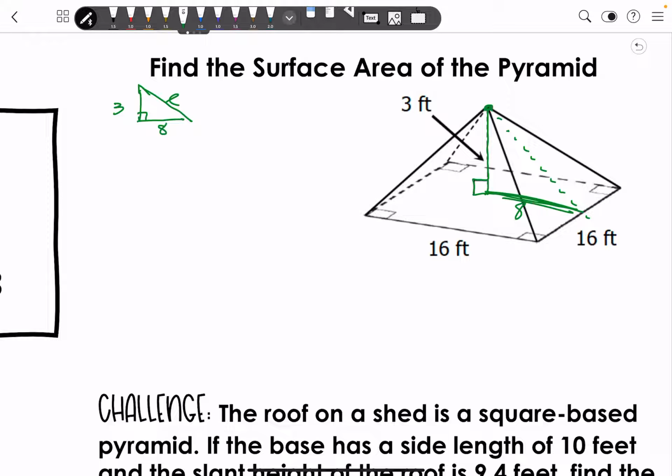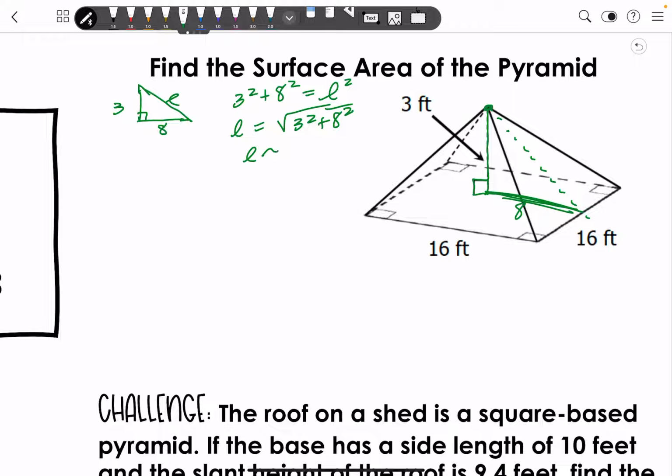And you're looking for your slant height. So you've got 3 squared plus 8 squared is equal to the slant height squared. And then you look for your slant height. You're going to end up taking the square root of 3 squared plus 8 squared.